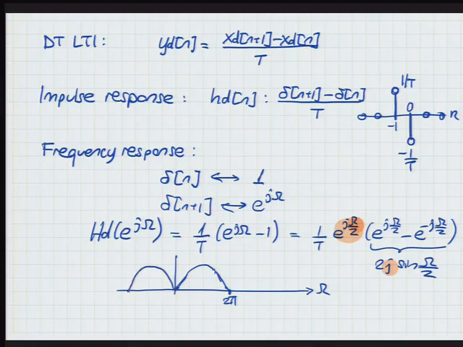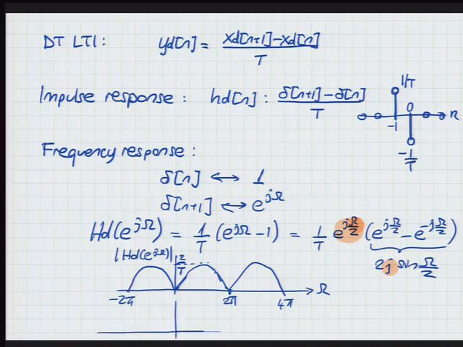So what I'm drawing here is 4 pi, etc., negative 2 pi. This is the magnitude plot, H_D of e to the j omega, and the peak value is 2 by t. Can you then tell me what is the effective frequency response?